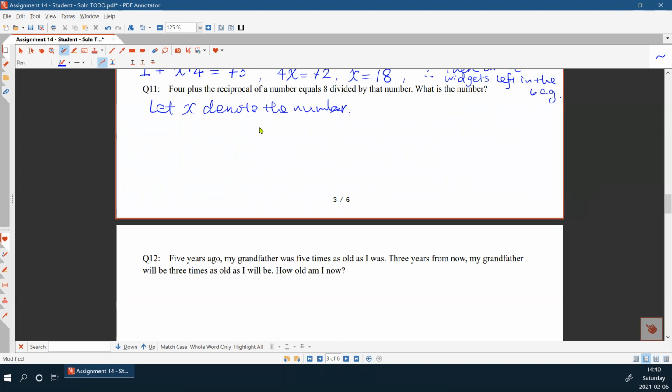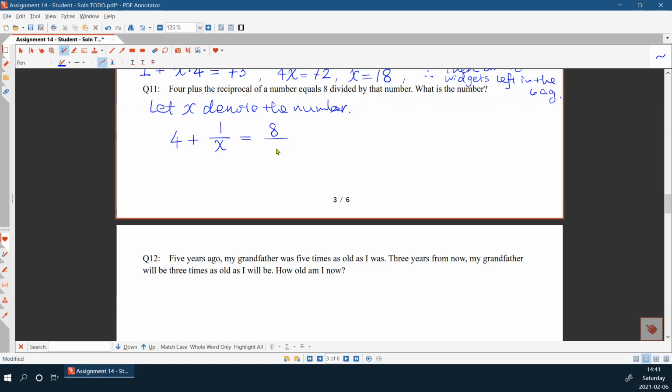And let's have a look at what we have known here. Okay, we know that 4 plus the reciprocal of the number. That means x, 1 over x, right? Okay, 4 plus 1 over x equals 8 divided by that number.